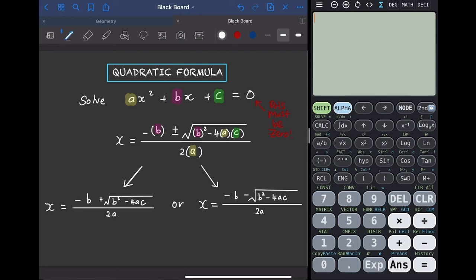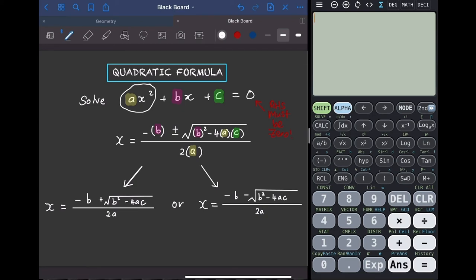Okay, so the important thing in the quadratic formula is this: we need to identify what are the coefficients of each of the terms, and this coefficient is the number to the left of the variable itself. So for example, the coefficient of the x squared term, we will label it as a.